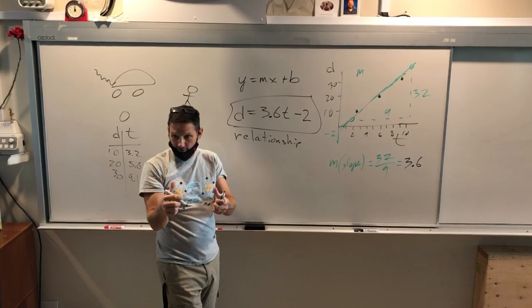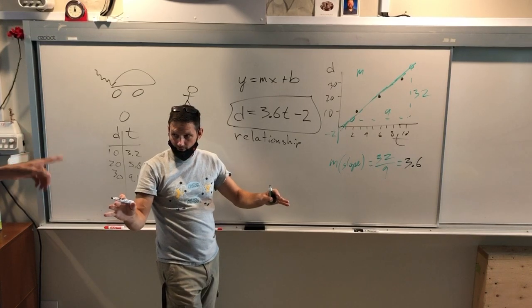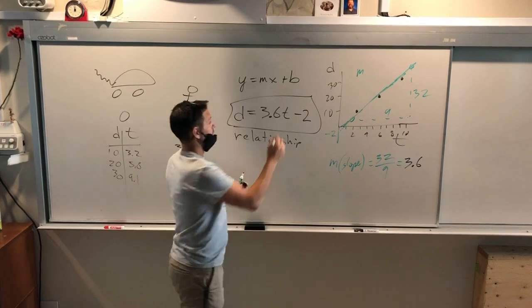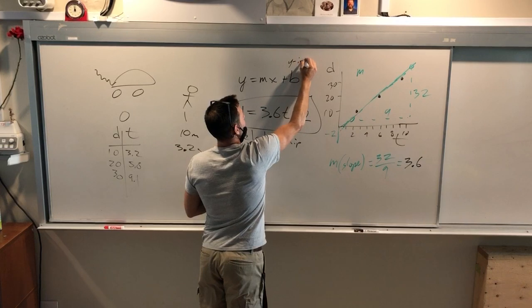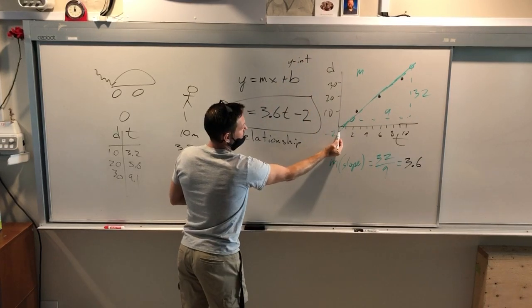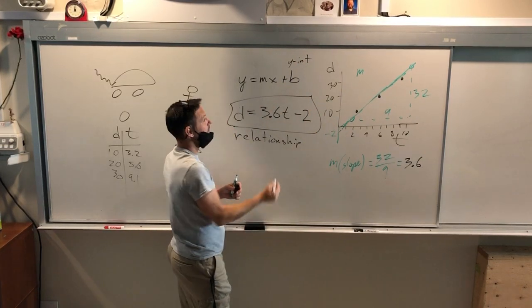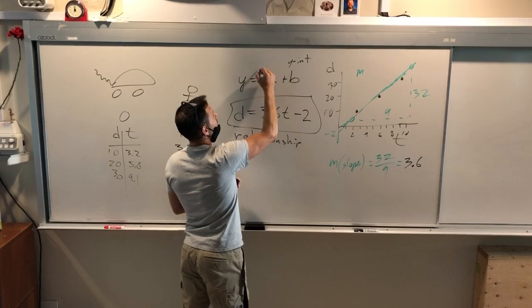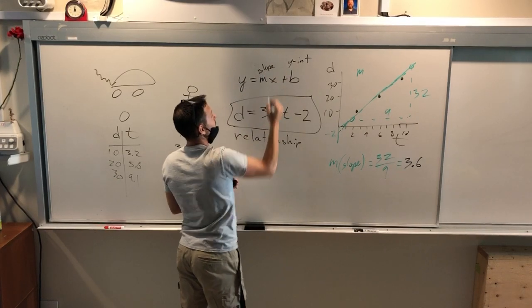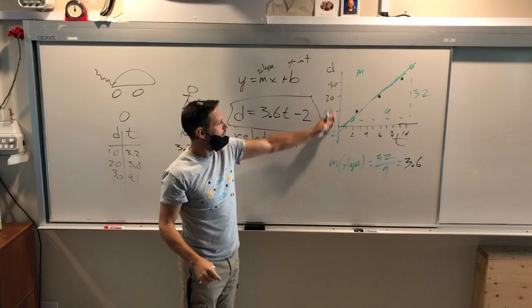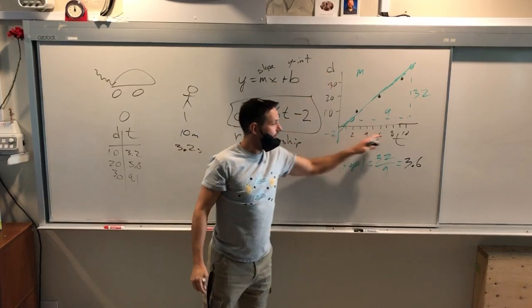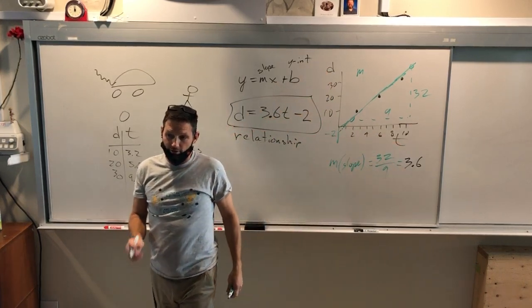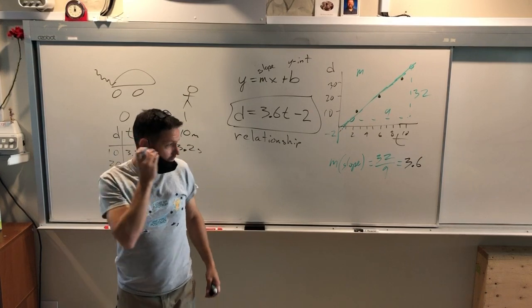Good? Any other questions? So the b is the -2, and it's just, yeah, this is the y-intercept. So it's wherever you cross the y-axis, and m is my slope. The y is whatever variable we put on the y, and the x is whatever variable we put on the x, here t. And why is it minus 2 and not 0?